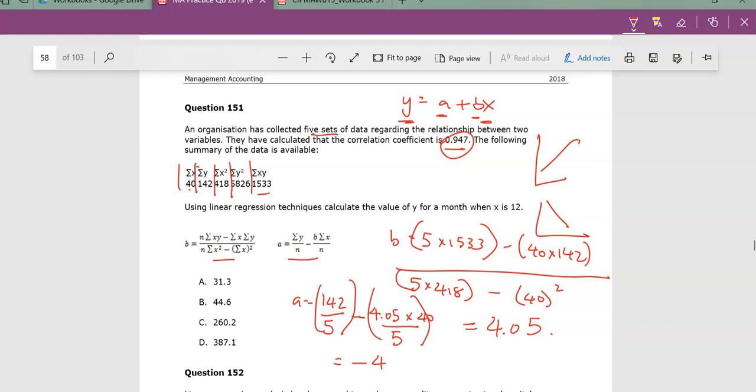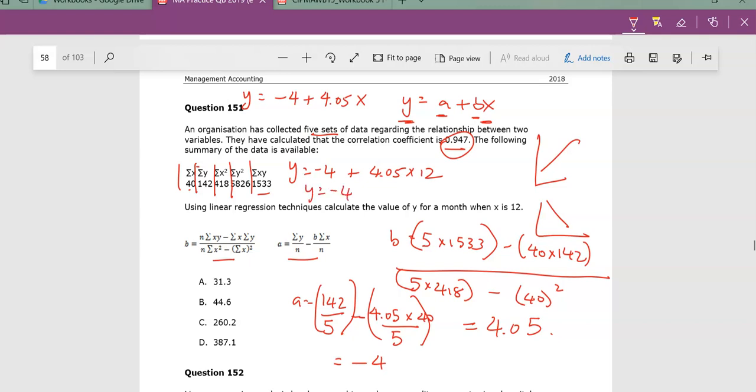So what are we saying? y is equal to a, and a is -4, plus 4.05 times x. And so we're told, well, when x is 12, what is y? Well, y is equal to -4 plus 4.05 times 12.